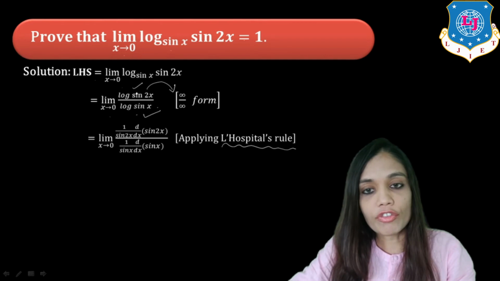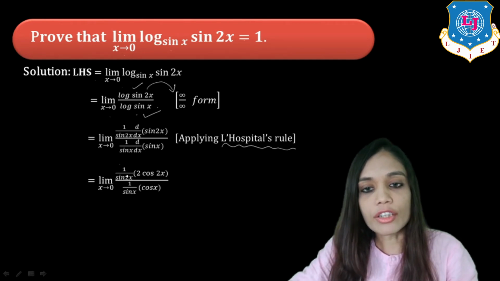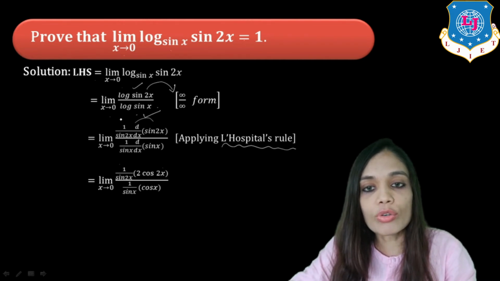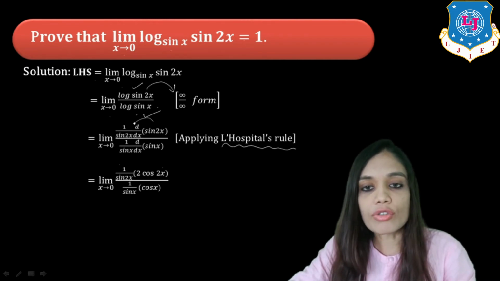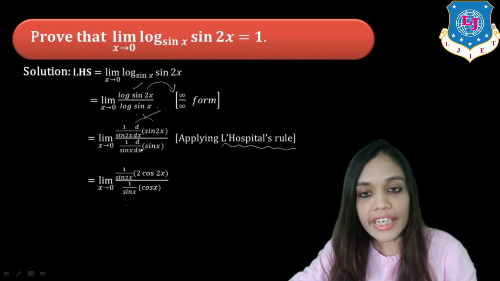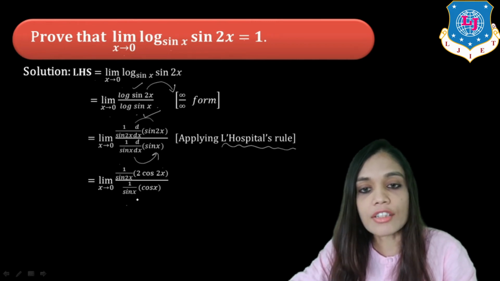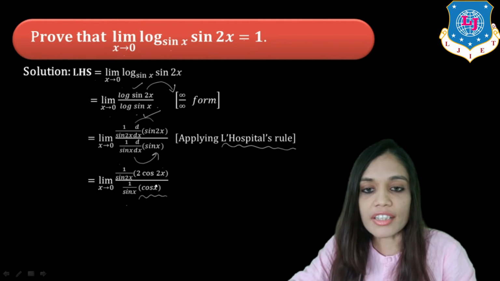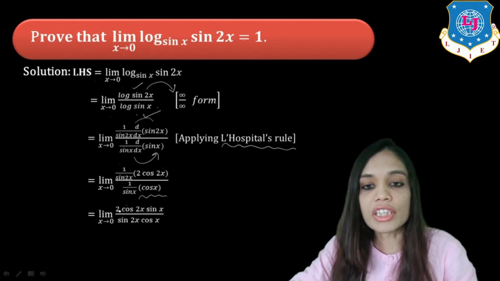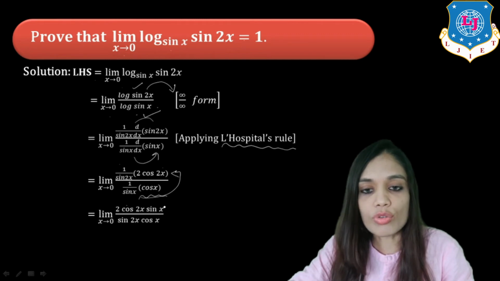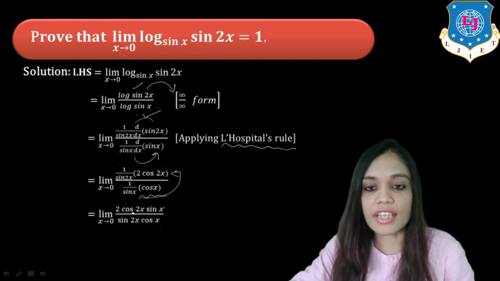So the derivative will be 1 upon sine 2x into derivative of sine 2x, which will be 2 cos 2x. Similarly, apply the rule in the denominator. So it will be 1 upon sine x and the derivative of sine x will be equal to cos x. Now on simplifying, we will get 2 cos 2x, take this in the numerator, into sine x upon sine 2x into cos x.